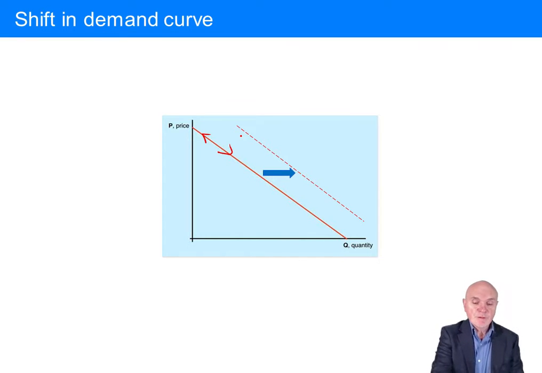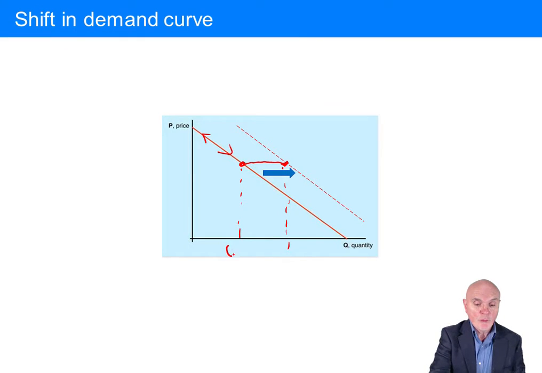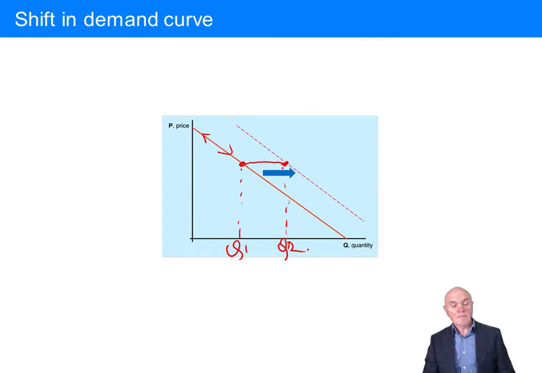But it's possible to shift the whole demand curve to the right, or indeed to the left. So in other words, for a given price, we move it along to there, and at the same price, you're going to have more demanded. So here we had maybe Q1 demanded, here we have a quantity Q2 demanded.